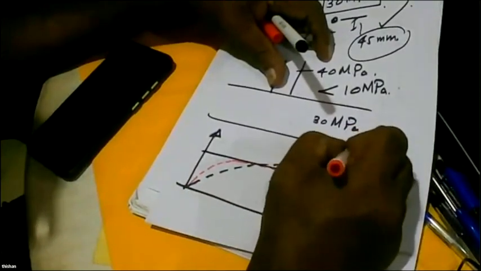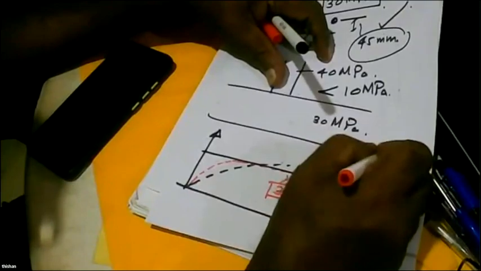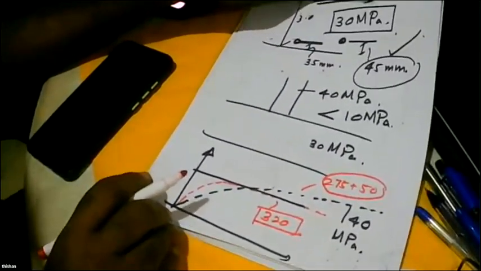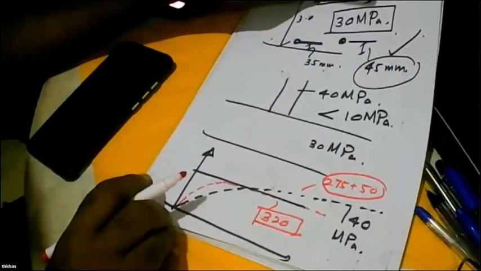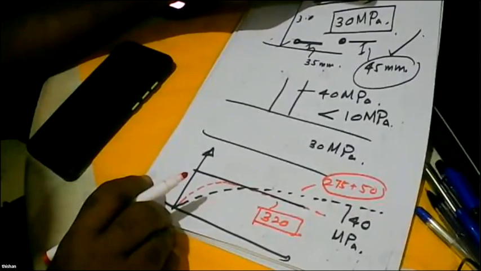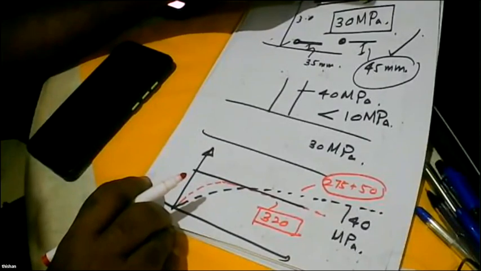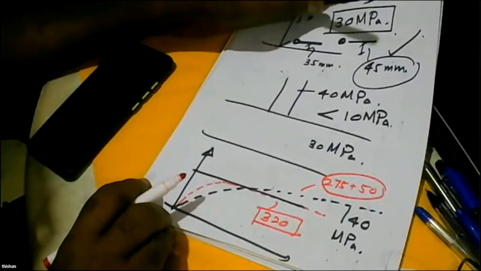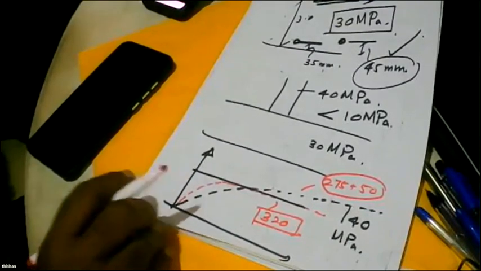This is 275 plus 50 concrete. Which one is better? The 15% fly ash based concrete is far better than the Portland cement concrete. Is that clear?